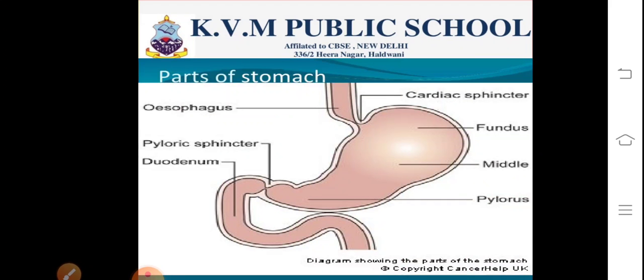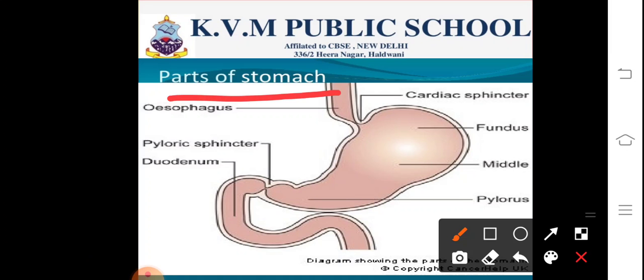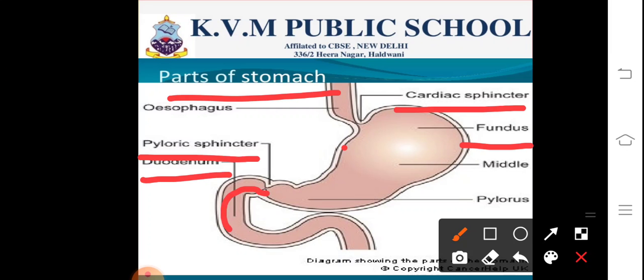Before we discuss the digestion of the food in the stomach, let us understand in detail the parts of the stomach. The part of the esophagus that ends into the stomach is guarded by the sphincter muscle referred to as the cardiac sphincter. Later to it is the part of the stomach referred to as the fundus. At the end is the pyloric sphincter, where the stomach opens up into the part of the small intestine, that is the duodenum.